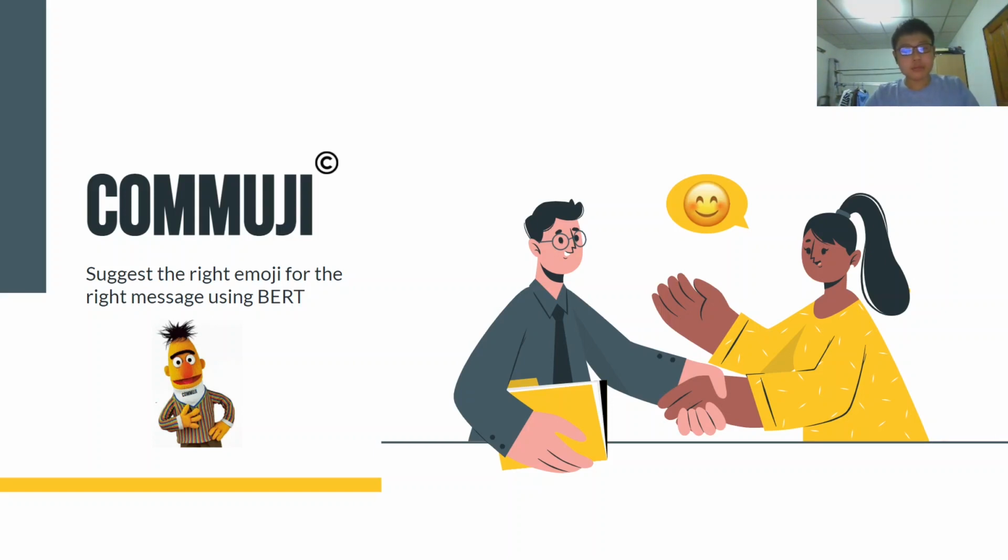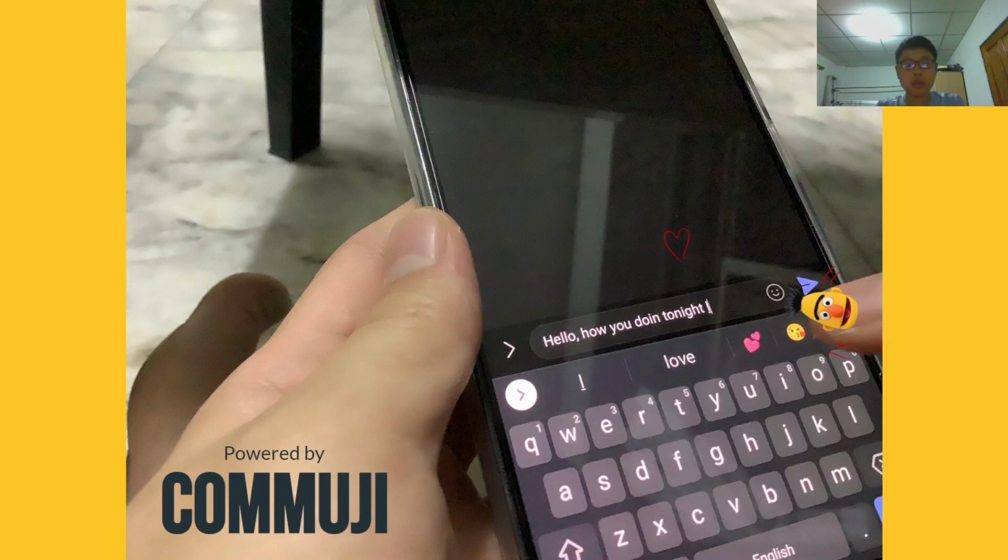So first I will introduce the problem that inspired us to do this project. Nowadays we mostly use text chatting, right? However, the problem is that as humans, we mostly use emotion to express ourselves, which makes communication better and easier.